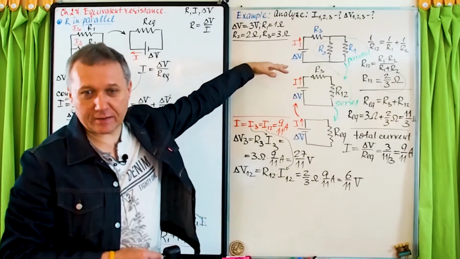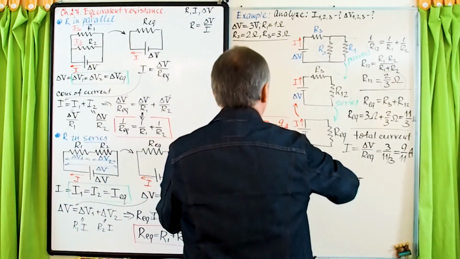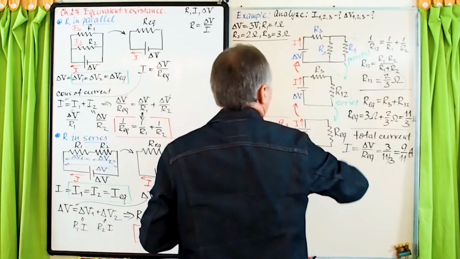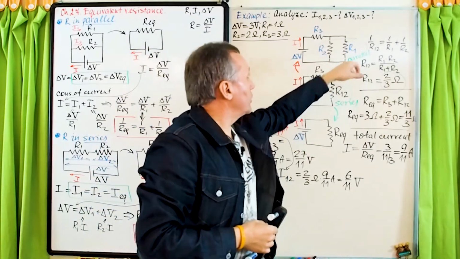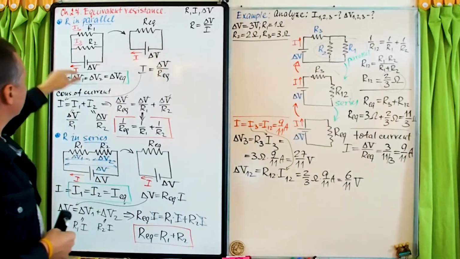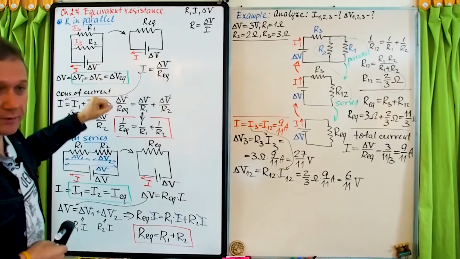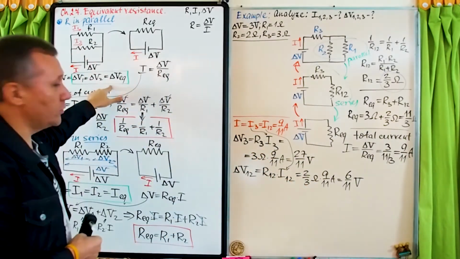Now we exhausted the first step. We need to make the next step from this circuit to that circuit, because instead of R12, we have plenty of information. So now we have to move over there, using the fact that inside of R12, there are 2 resistors connected in parallel. As a result, we can write the bridge, parallel case: potential difference across the equivalent resistor and potential differences across resistors connected in parallel must be the same. So we need to use this bridge.